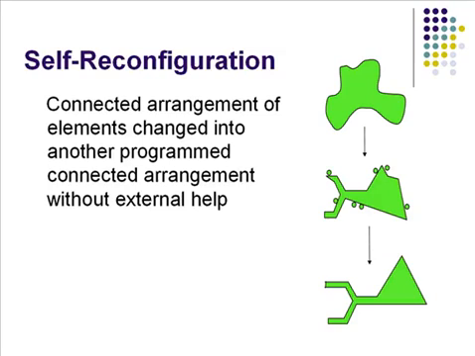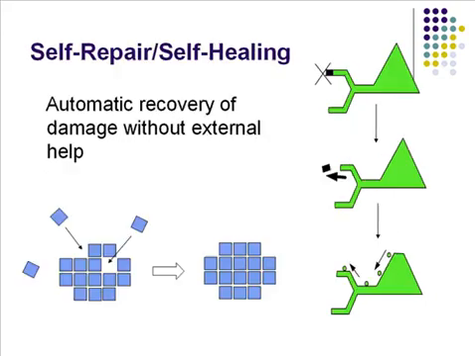For instance, Hydra can regenerate its shape by using this kind of behavior. And the third one is self-repair and self-healing, which is automatic recovery from damage without external help. So this is a distributed case, and this is a self-reconfiguration case.